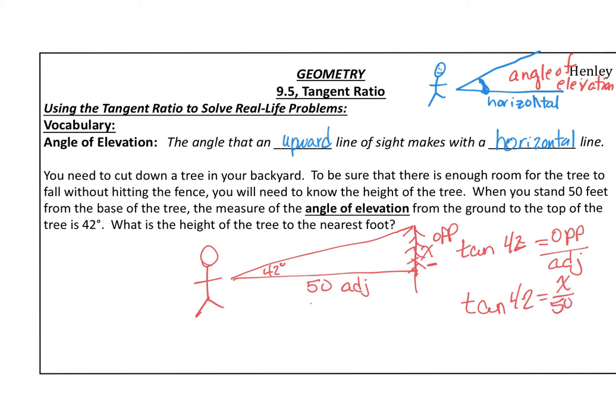We have our x, we have our 50. So let's get this equal to x. Multiply by 50. Cancels. X equals 50 tangent 42. Type that into your calculator. 50 tangent 42. Close your parentheses. And you will get 45.0. So x equals 45 feet.